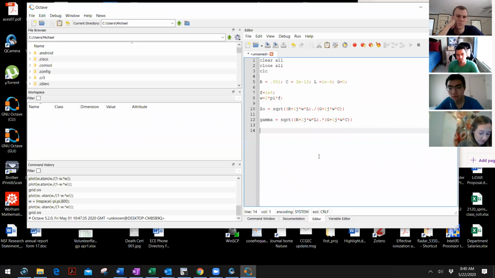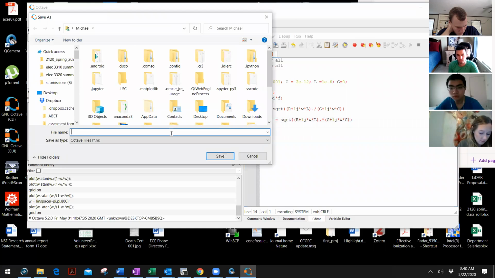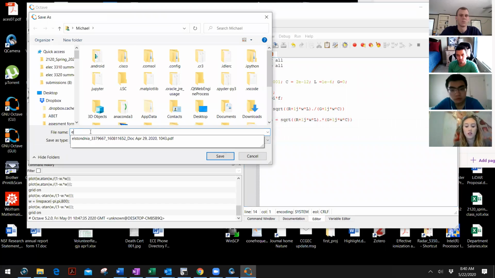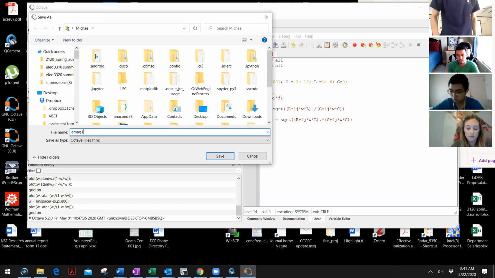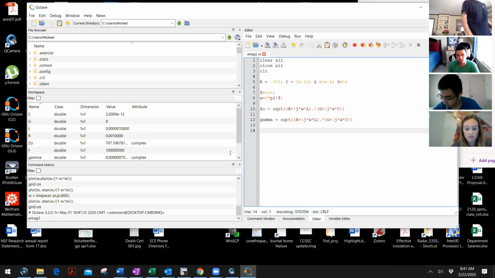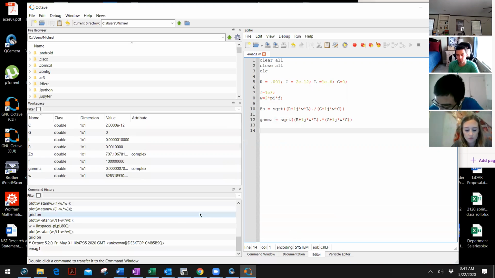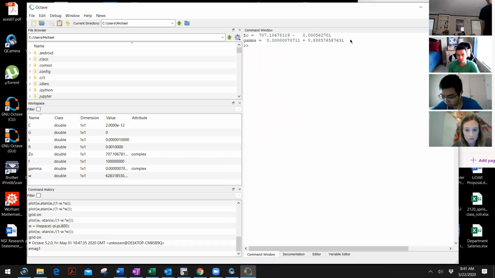And now I'm going to just run these for a second to see if I've made any mistakes. So in the command window, these are the answers for Z naught, and that's the answer for gamma.